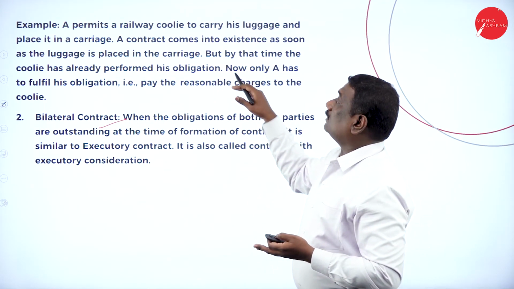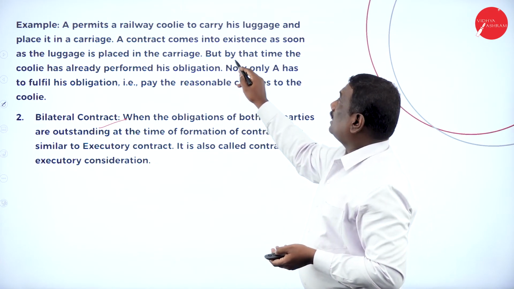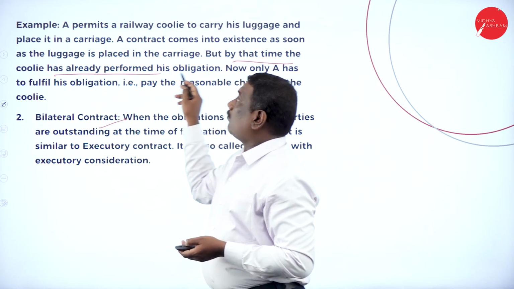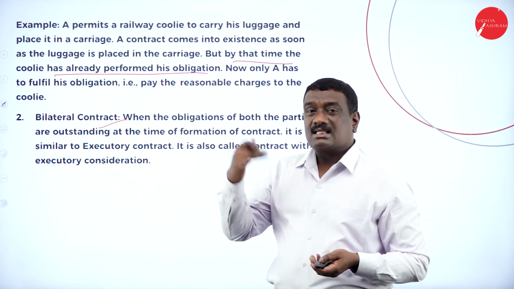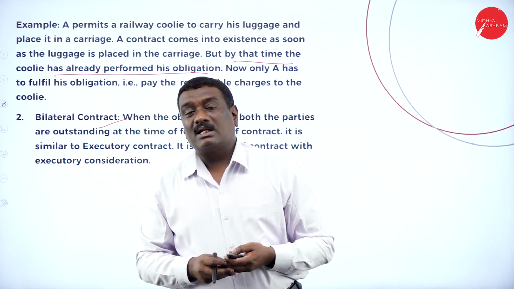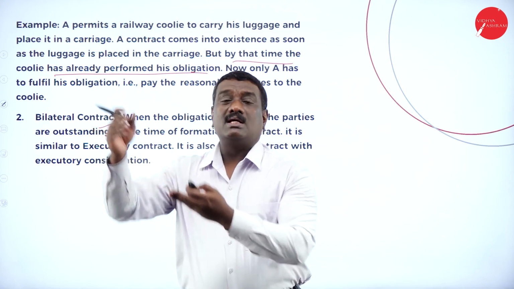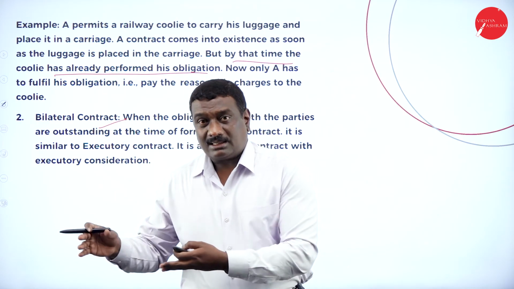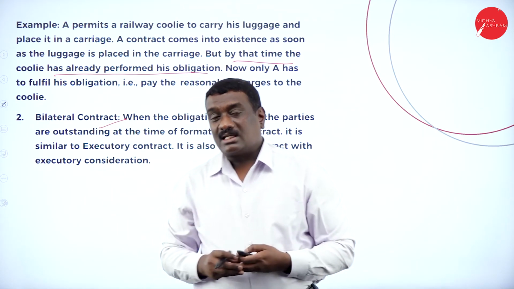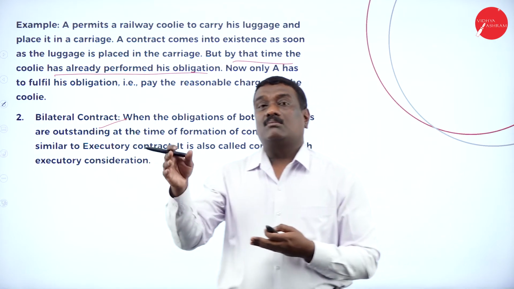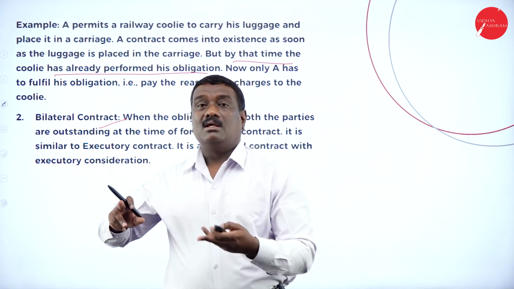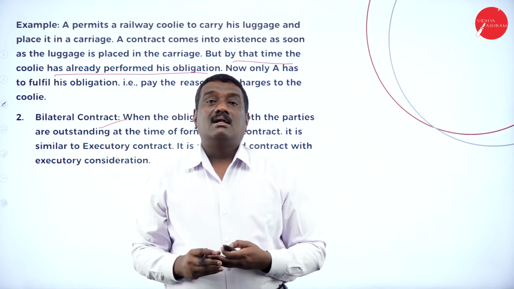When the luggage has been placed in the carriage, at that time the coolie has already performed his obligation. A just says, come on, place it on that particular carriage, take my luggage and place it on the carriage. By the time he finishes saying that, and there is a contract between them, this person B, the coolie, has already done his work.